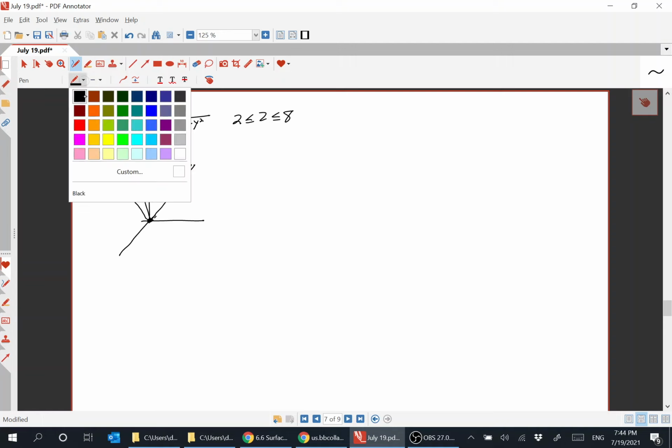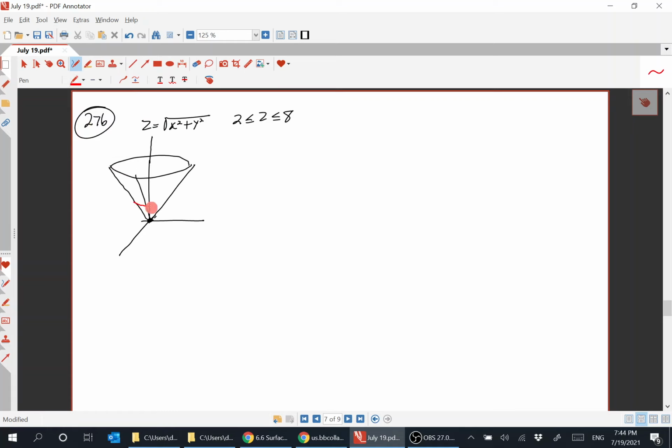So that's starting like here, and we're going up to here. So just part of that cone, and leaving out this bottom bit.